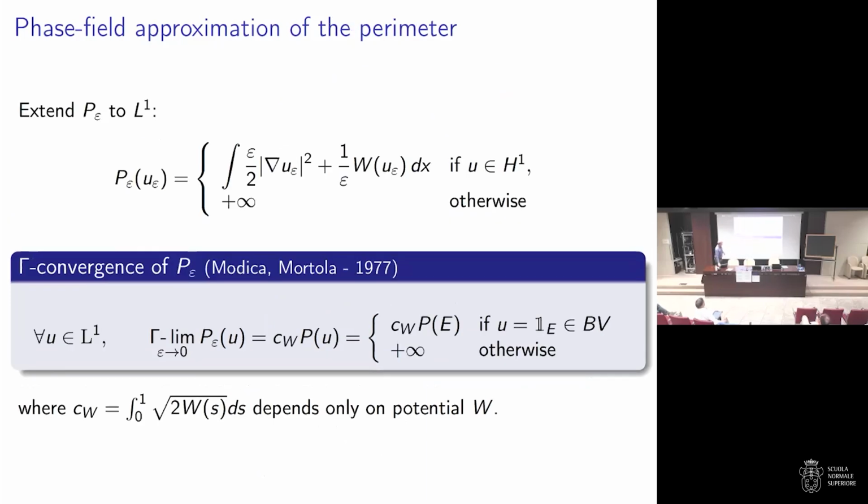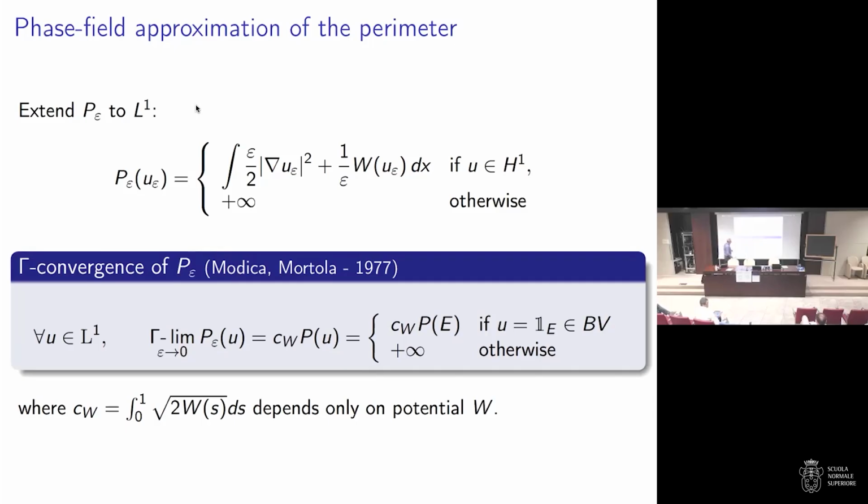Okay. And so classical things in calculus of variations. So you first extend your approximate energy in L1, and so you can directly work in terms of functional convergence in L1, and you can prove, this is a celebrated result by Modica and Mortola, that there is gamma convergence of this energy to a constant that depends on the potential you've chosen, times the perimeter of your domain.